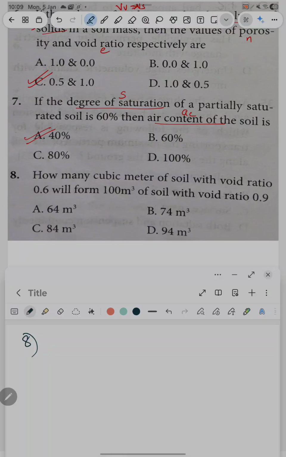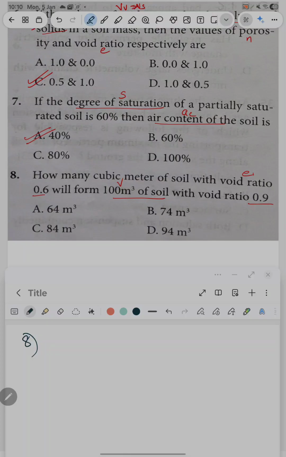Next question, the eighth question. How many cubic meters of soil with void ratio 0.6 will form 100 meter cube of soil with a void ratio of 0.9? Here we have two void ratios, E1 and E2, isn't it? So we know what equation we have to choose here.